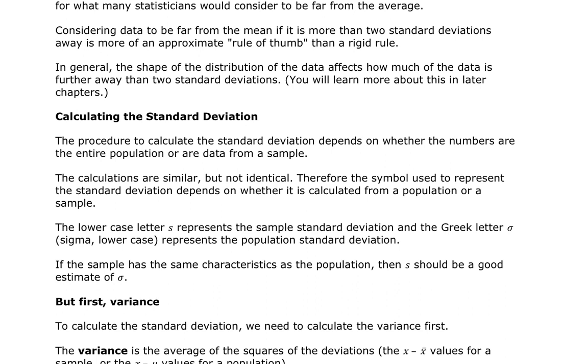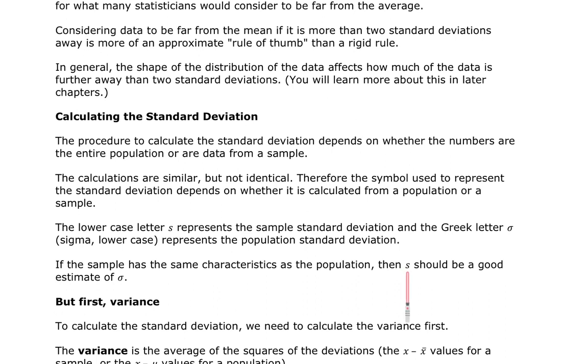Now, in an ideal world, the standard deviation of the sample should reflect the standard deviation of the population. We're going to introduce 2 different symbols. When we see these symbols moving forward, make sure you write down somewhere in your notes, these are the symbols I need to know to be successful in this class.